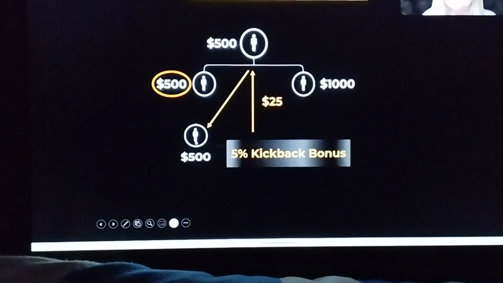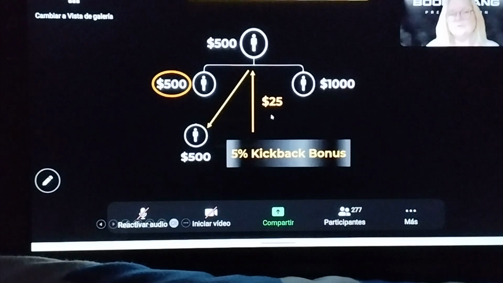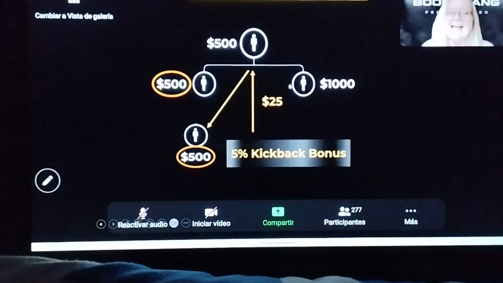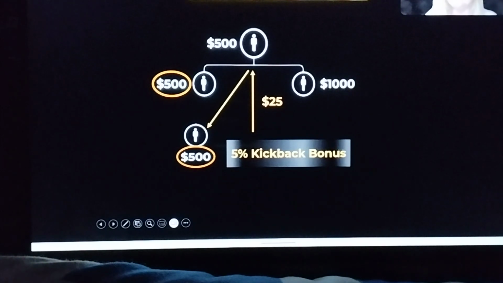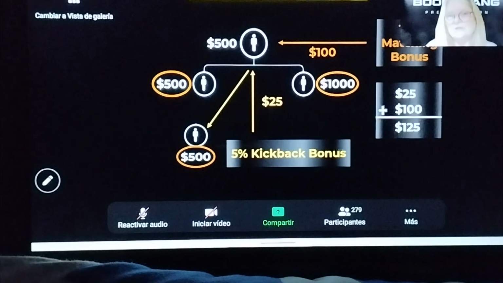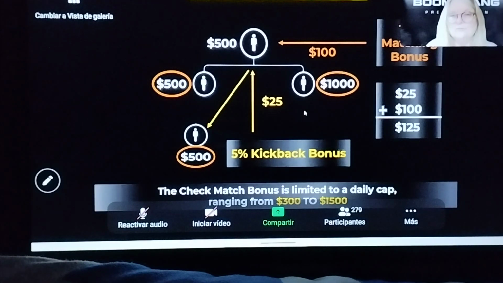This third person is the first person that gives you the 5% kickback bonus, which is $25. You also have a 500 and a 500 that together make 1,000 that matches this 1,000 here. So that gives you 10%. Therefore, there's a 10% matching, which is $100, plus 25, which is the kickback bonus, which gives you $125 out of your first setup.